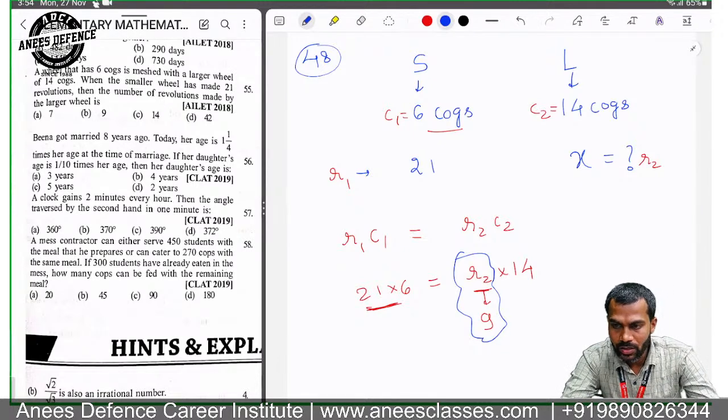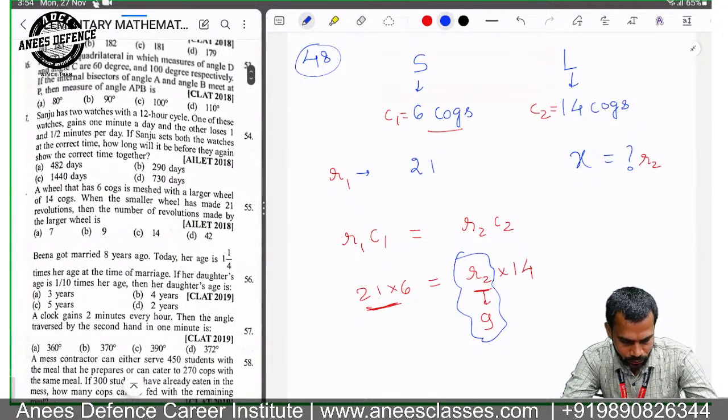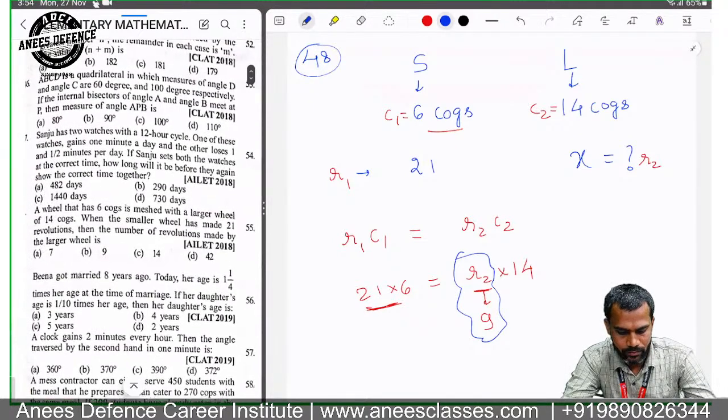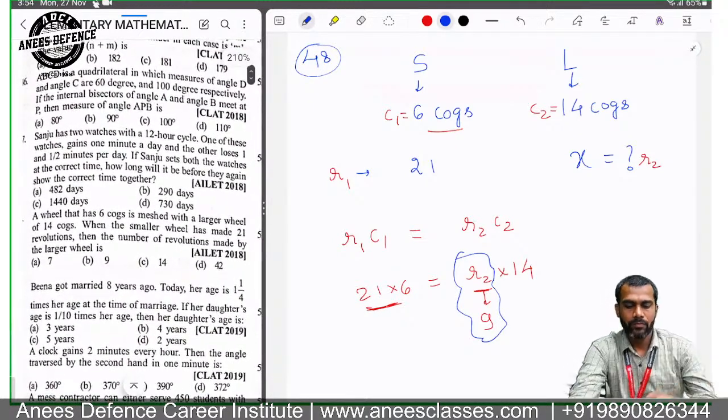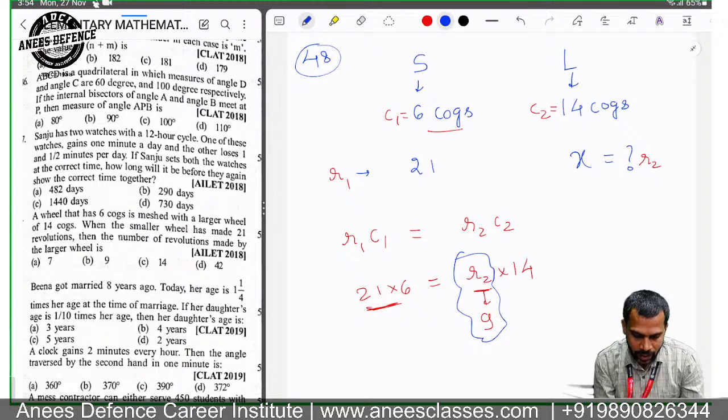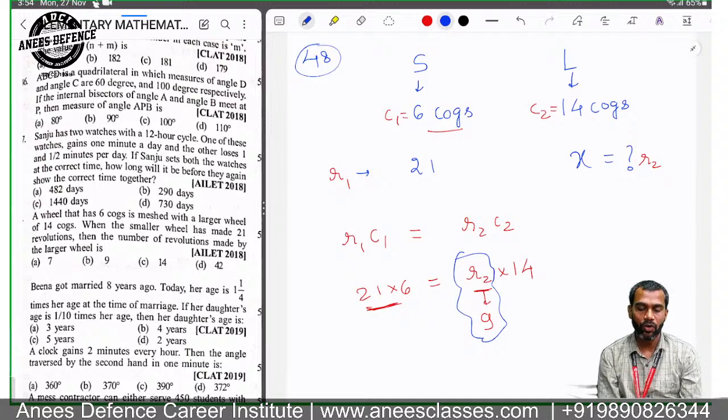Okay. Please try question number 47. Sanju has two watches with a 12-hour cycle, and one of these watches gains 1 minute a day, and the other loses 1.5 minutes per day.